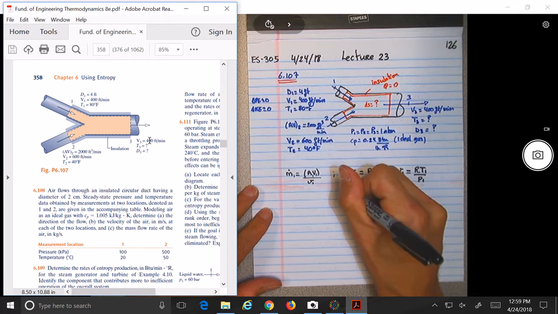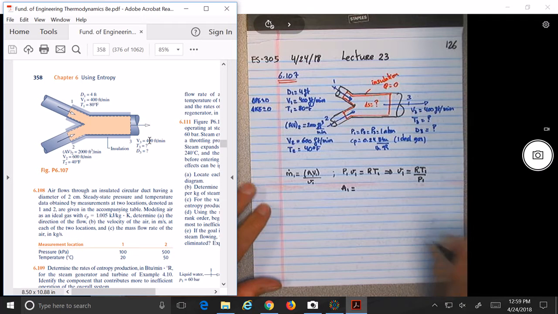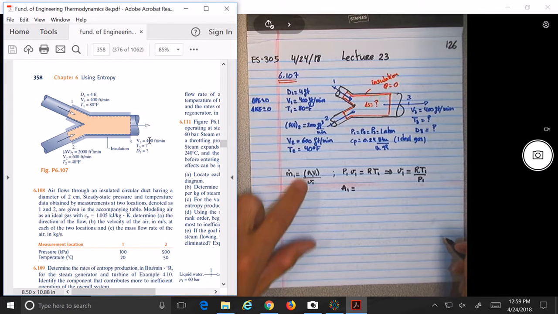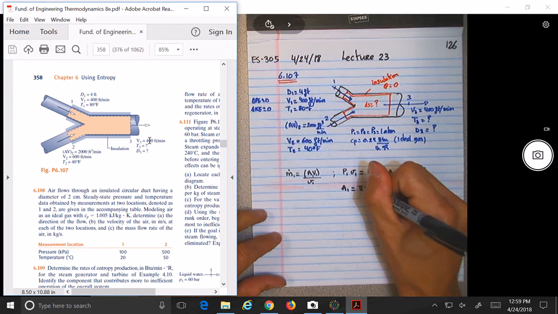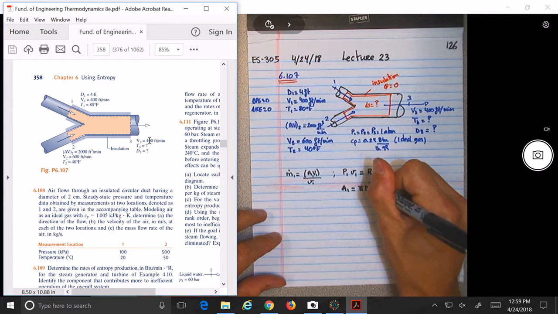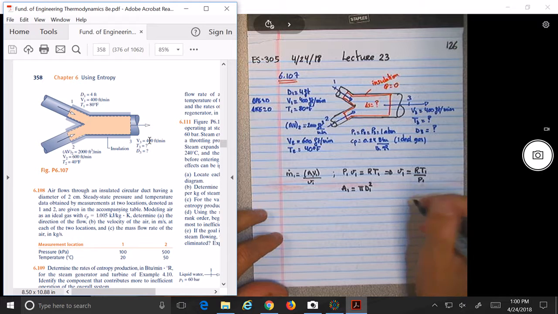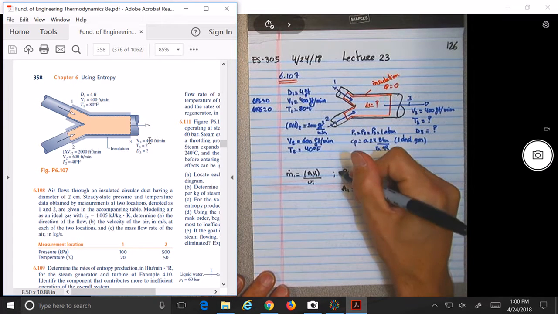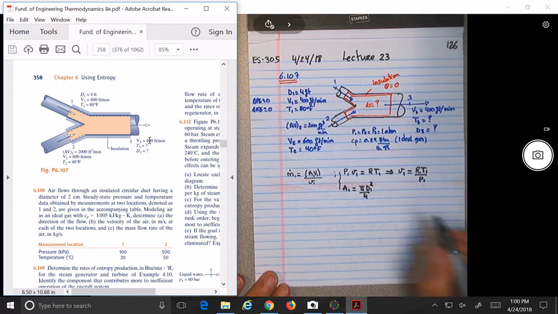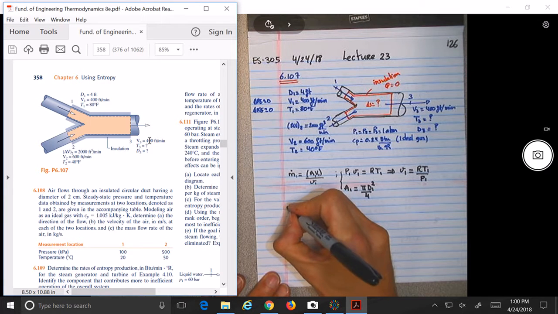And then, if we know the diameter, what would be the area? What would be A1? It would be pi D1 squared over what? 4. So if we combine all this stuff, what do we get?